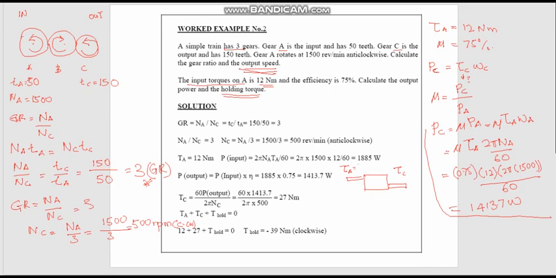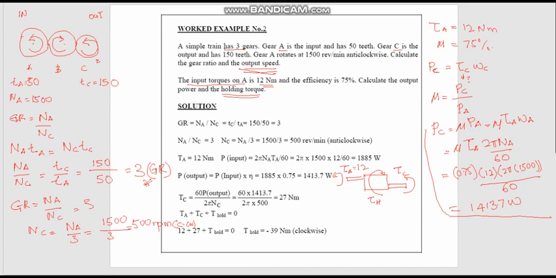We know tau A is equal to 12, and this is counterclockwise. And tau C, if you look at the orientations, is also counterclockwise. Right? But the value of TC we don't know, so we have to figure out what the value of TC is, and we assume that the holding torque is tau H, in a clockwise direction.